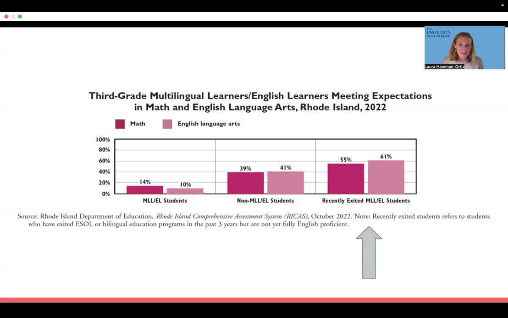That's an incredible story and shows actually that our supports for MLLs must be pretty good, because students are not hitting the benchmarks of whatever the expectations are. They're still at 55% and 61%, but they are outperforming students who are not MLLs at all. So again, it is a mindset shift that I think is important to consider as we're talking about assessment and thinking about multilingual learners.